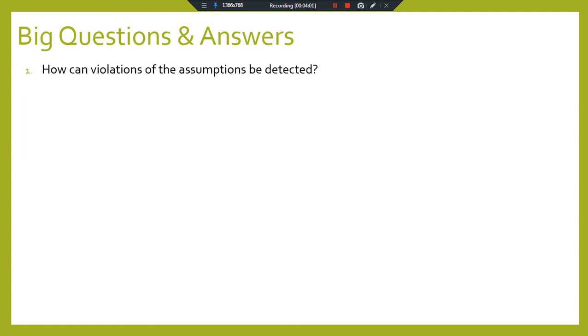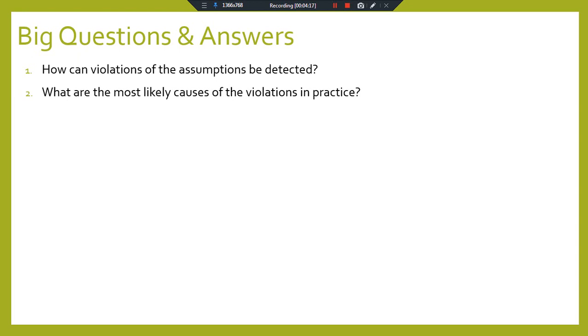Okay, before proceeding, there are some big questions which every researcher has in mind while conducting any type of econometric analysis. The first one is how can a violation of the assumption be detected. Then, what are the most likely causes of the violation in practice.